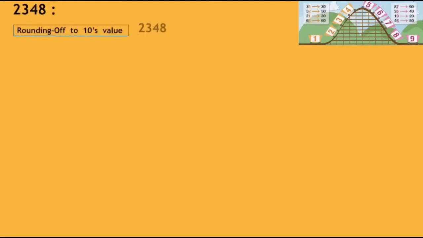In this example, we have taken 2348. This number we are rounding to the nearest tens value. Here we have to take 48. Write 48 on the number line.